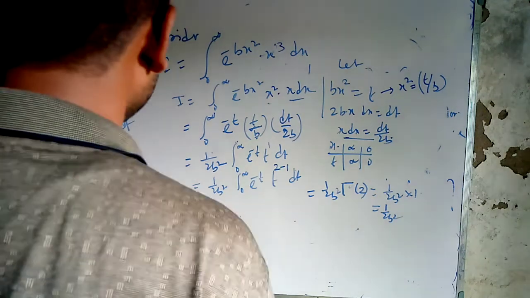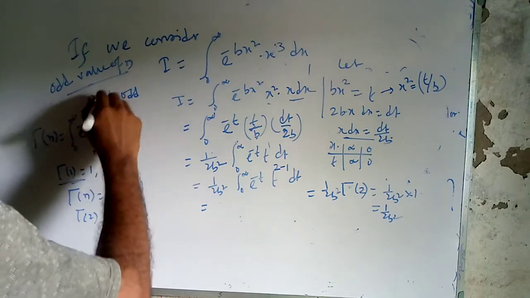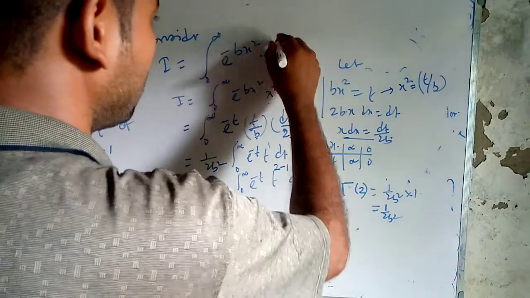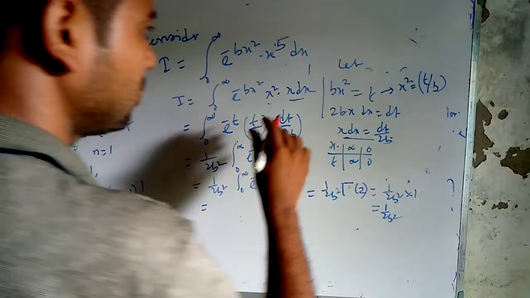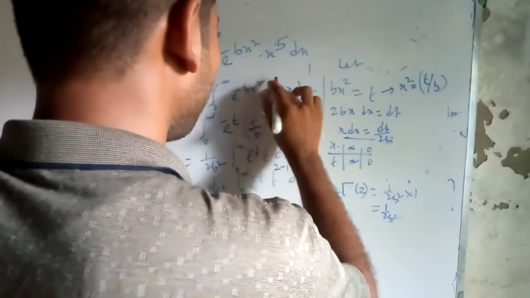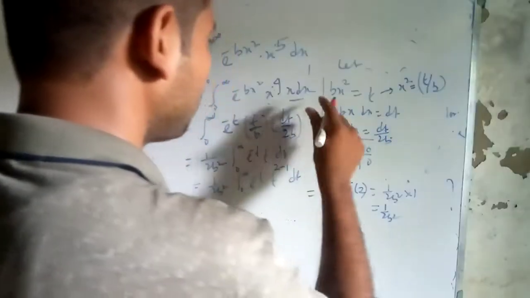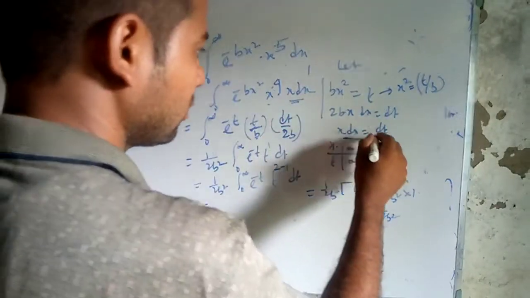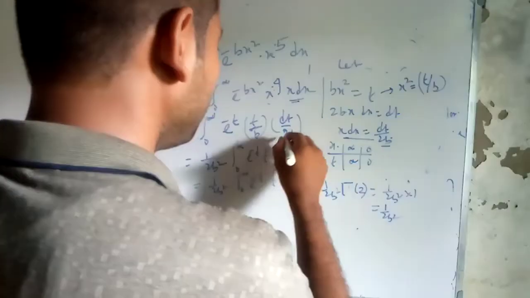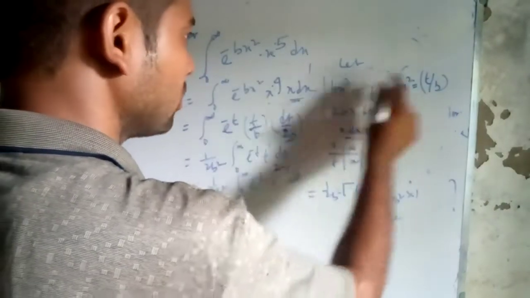If we calculate for n equal to 5, input 5: this is x to the power 4 into x dx, with x dx equal to dt by 2b, and x squared equal to t by b.